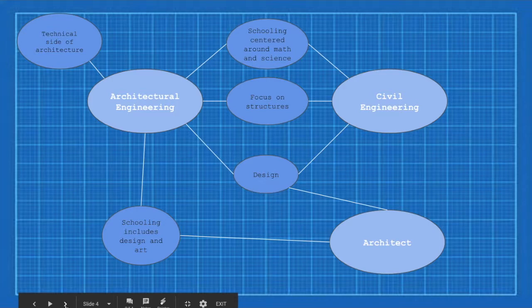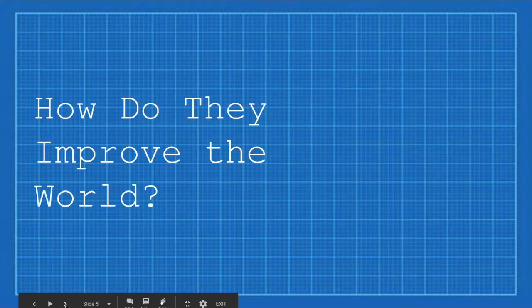And then the architectural engineer is the technical side of architecture, whereas the architect is more the design standpoint. Architectural engineers improve the world by using new technology, including green technology, to enhance the standard of living and improve the quality of life.